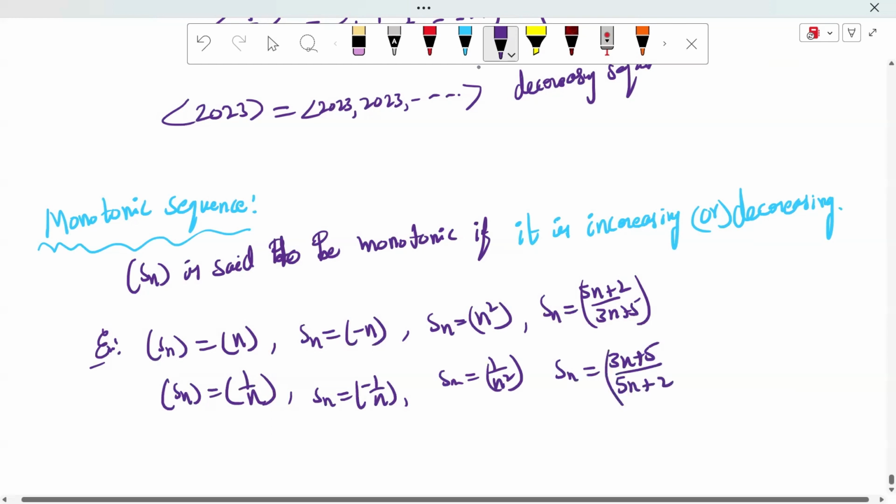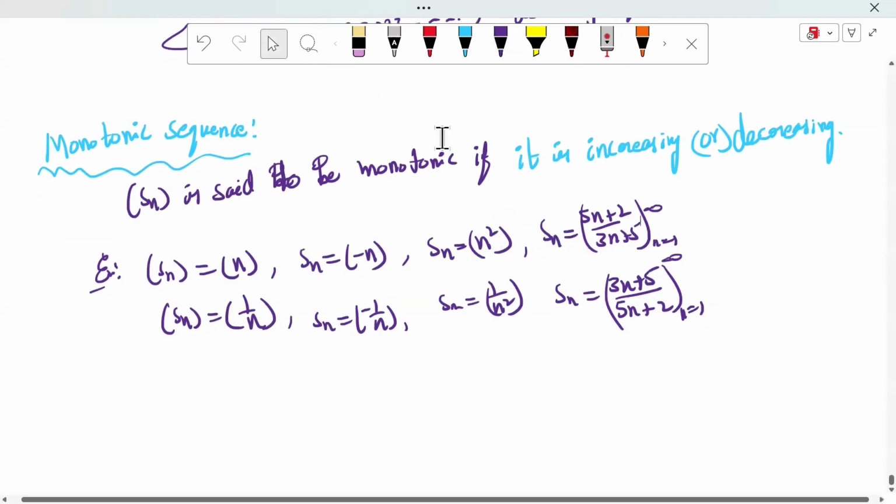These are also monotonic sequences. Is it clear, sir? A sequence that is increasing or decreasing is called a monotonic sequence.